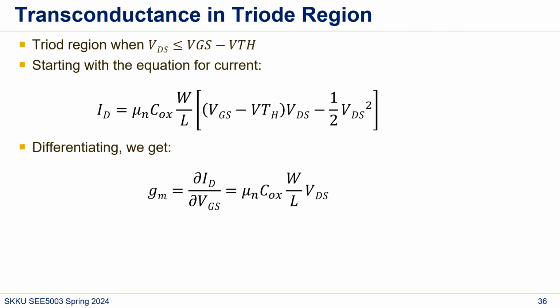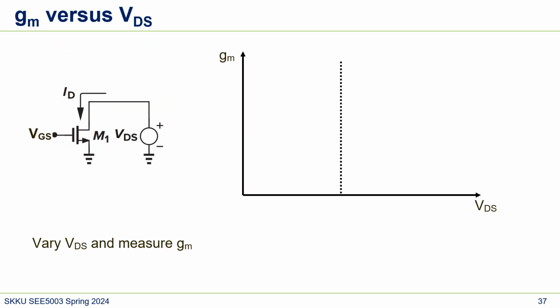This slide shows the same. We just write down the equation that we calculated before. This part is kind of interesting. Let's say VGS is fixed, and we change VDS. What was the GM in the triode region?